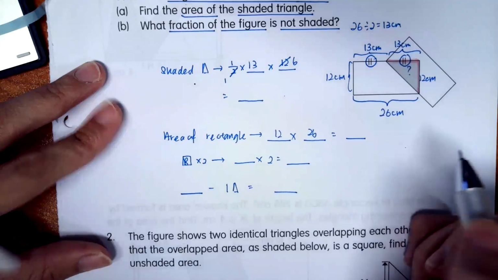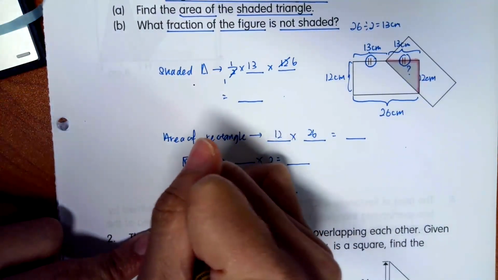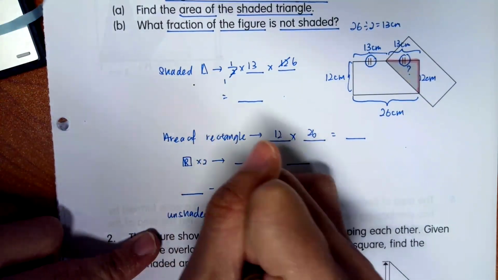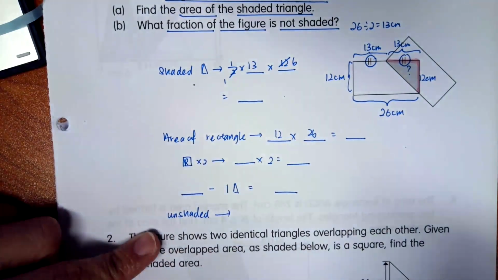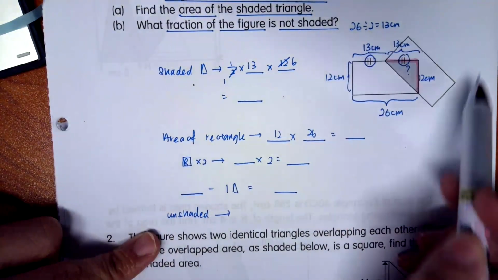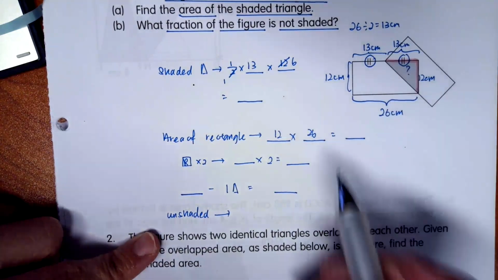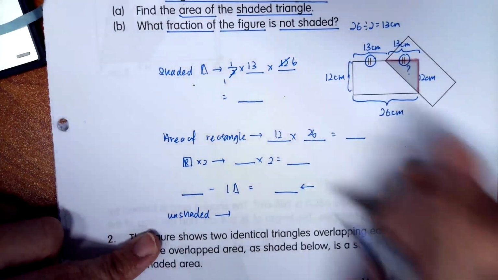And then the next is, what fraction of the figure is not shaded? So the non-shaded part would be this one here and this one here. So to find the unshaded, it is actually your total figure minus the triangle. So this is my total figure, okay?